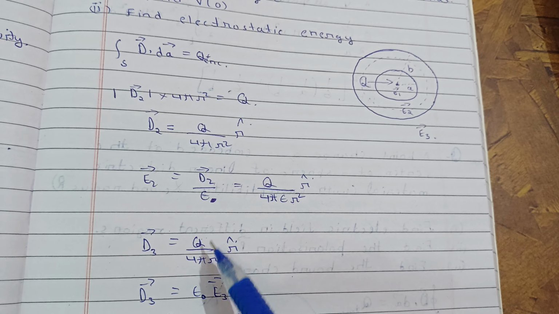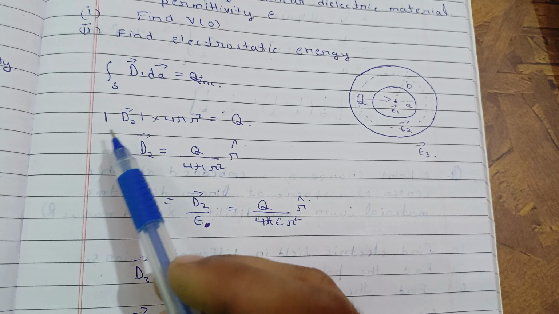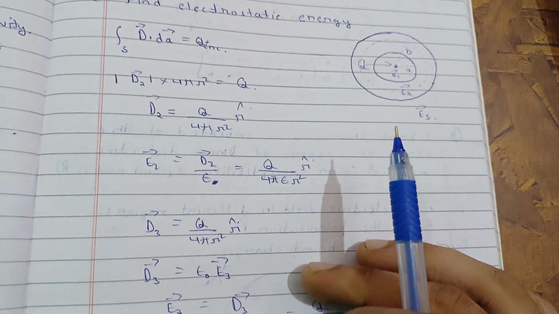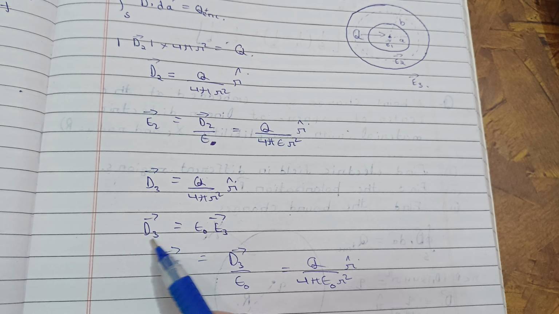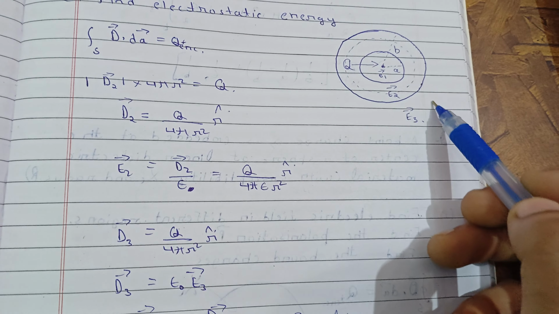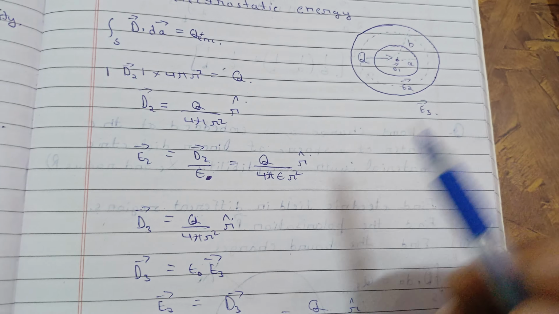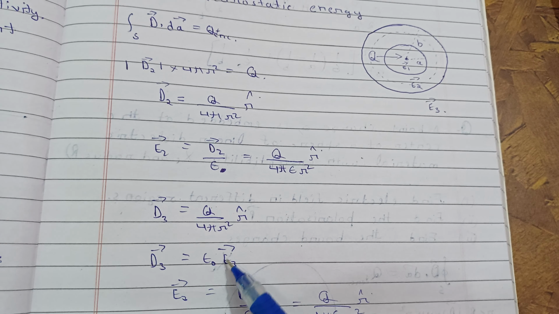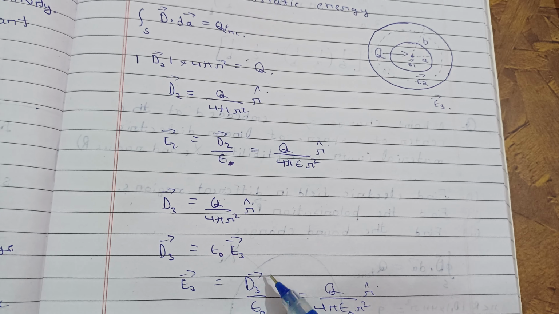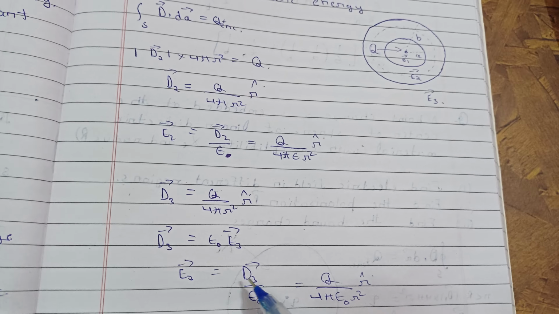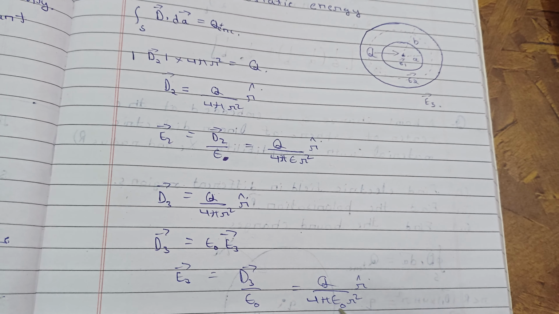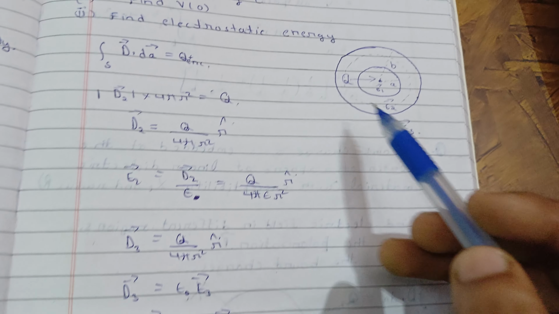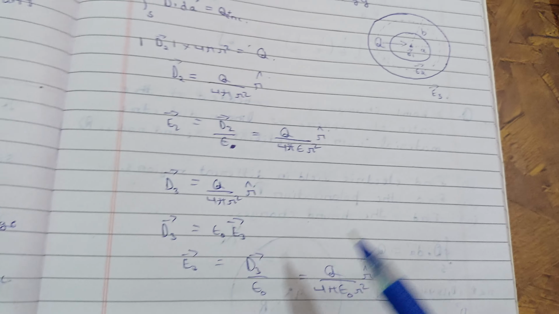In this outer space there is no dielectric material, so the permittivity will be epsilon naught, E3 will be D3 by epsilon naught, and D3 is q by 4 pi r square, so E3 is q by 4 pi epsilon naught r square. This is the same result as we get for the q charge outside.